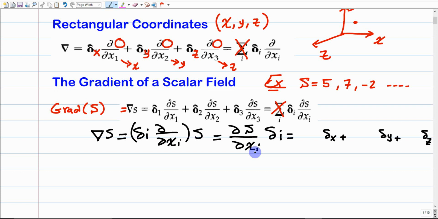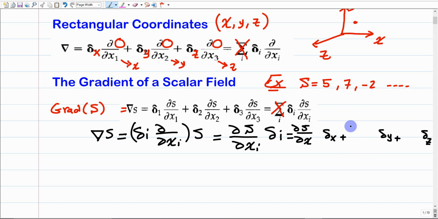What does it mean, dummy index? As we discussed before, it means that we have to repeat it. You're going to consider that i is x, plus i should be y, plus i should be z, and so on. So this is a dummy index. So we're going to end up with the partial of s with respect to x, where the x is just the x coordinate.